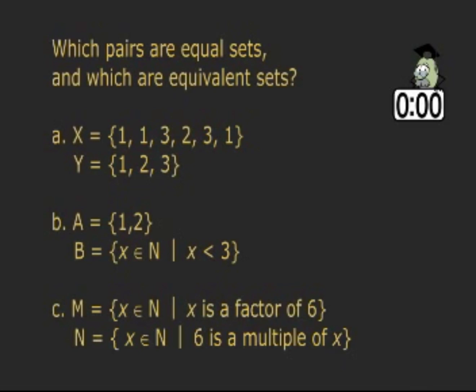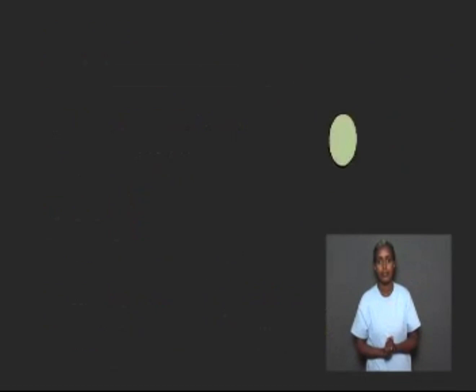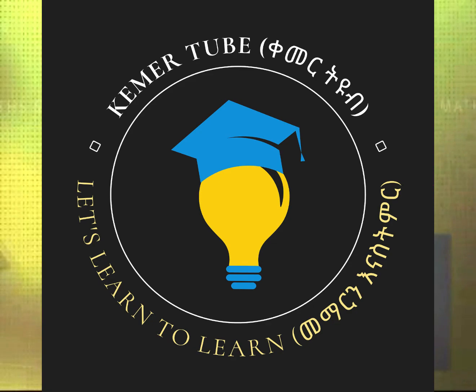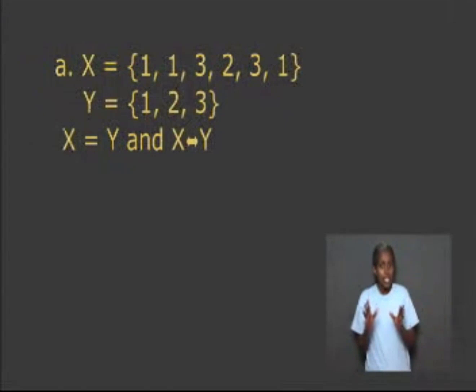Time's up. Let's get back to our lesson. Hello again, students. The sets X and Y are both equal and equivalent. Although the set X lists multiples of its elements, we consider only one value for each.